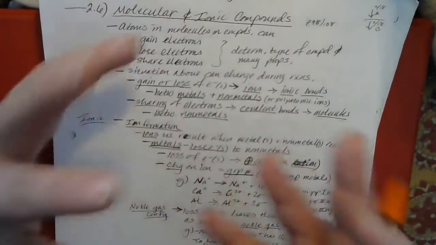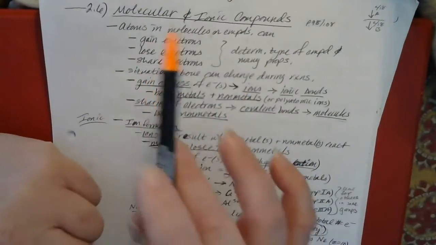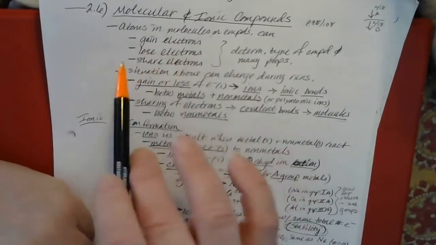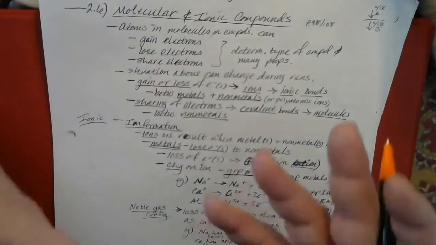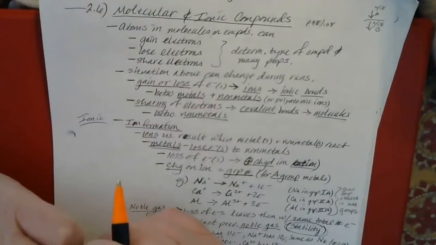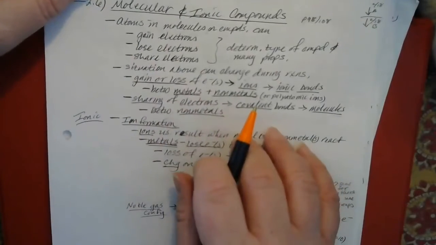And if you put the atoms back together in different combinations, you might end up with different types of bonds. So before, you might have had a situation where the atoms were transferring electrons from one to another, but at the end of the reaction, you might end up with a situation where the atoms are all sharing electrons with each other. And that's one of the things that can change during a chemical reaction.